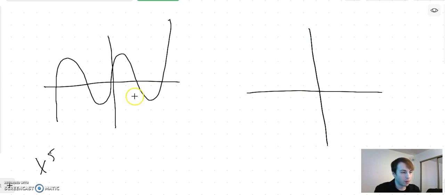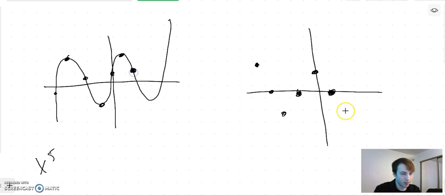Then if we draw the slope of it, well, here the slope is increasing, so let's put it in the positive spot. Here the slope is 0. Here the slope is negative. Here the slope is 0 again. Here the slope is increasing. Here the slope is 0. Here the slope is decreasing. Whoops, I missed it, that was supposed to be 0.